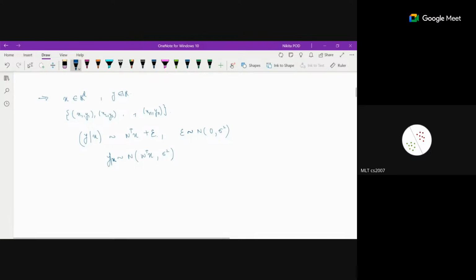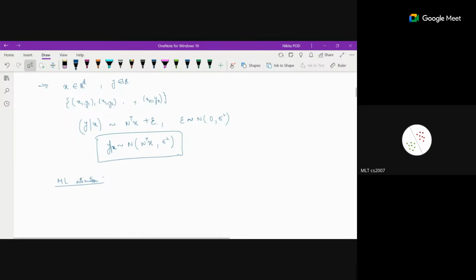Now we are thinking of it as an estimation problem. In the estimation problem, we know a very popular method which we call ML estimation. So our goal is now to find W hat ML.